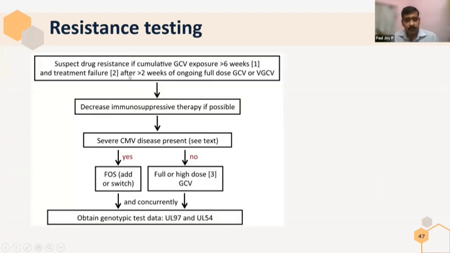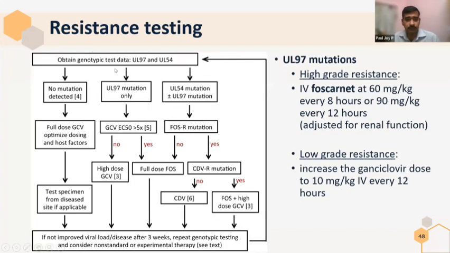So when there is a suspicion of drug resistance, decrease the immunosuppressive therapy if possible. And if there is severe CMV disease, you can add foscarnet or switch to foscarnet. And if there is no severe CMV disease, a full or high dose ganciclovir can be considered. Meanwhile, get genotypic analysis of UL97 and UL54.